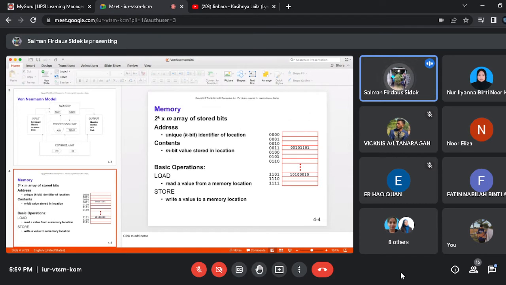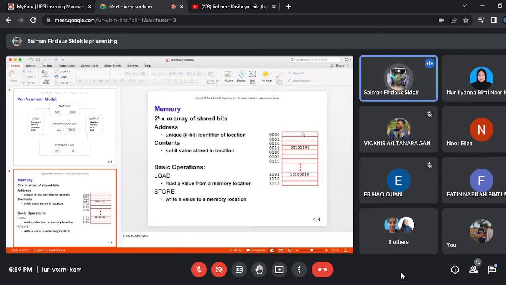In the diagram next to this note, you can see red boxes, and the numbers next to the boxes start from 0000 until 1111. That is the address of the location, while the boxes represent the locations.